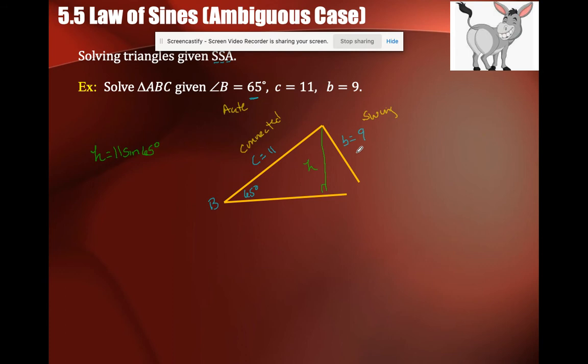I got 9.9 out of that. 9.9, the height. Who are we comparing the height to? The height of 9.9, compare that to the swing side, right? Look at your notes.